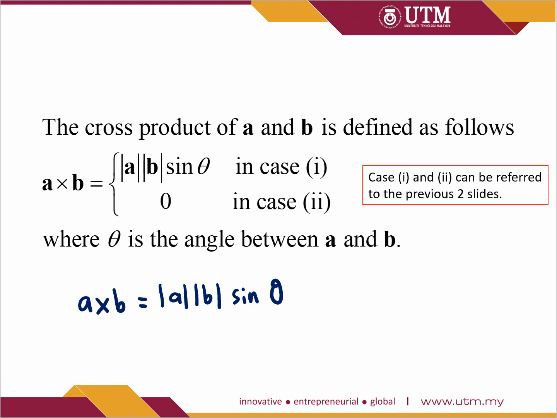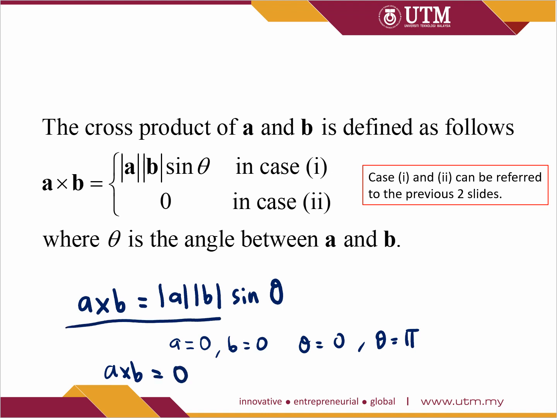But if one of these conditions fails, meaning it can be A equals 0, B equals 0, or theta equals 0, or theta equals pi, then A cross B equals 0.